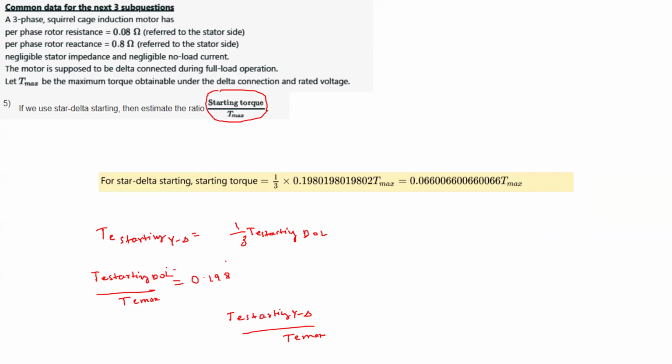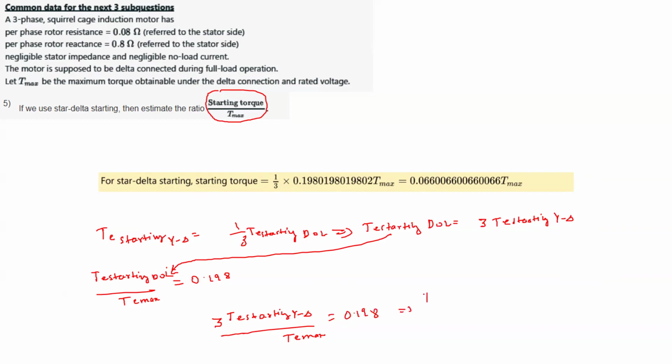So from here, what you get is that T starting DOL is 3 times T starting star delta. In place of T starting DOL, you replace 3 times T starting star delta, so 3 times T starting star delta by T max is 0.198.